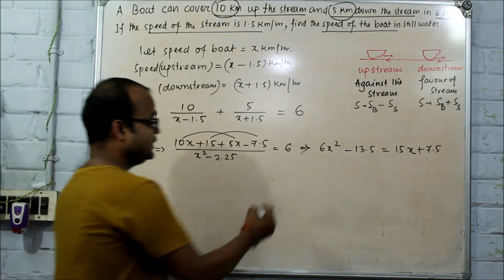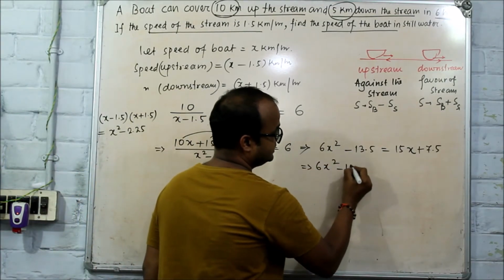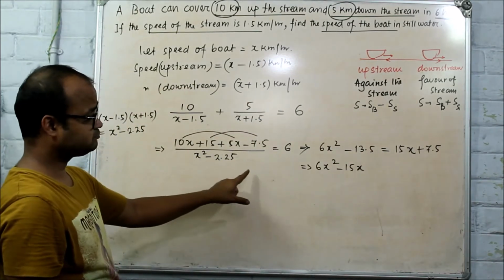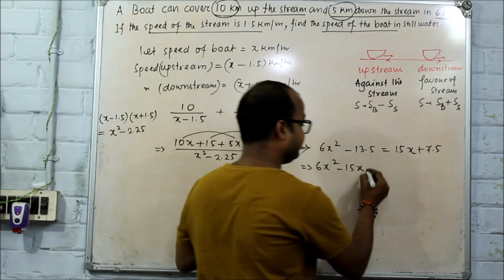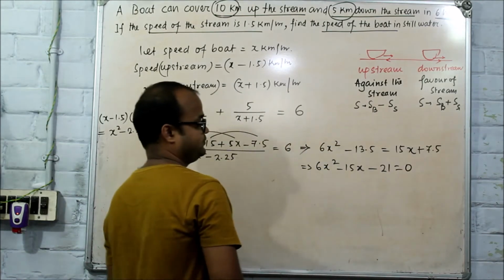Clear? So if you simplify, you will get 6x square minus 15x minus 13.5 minus 7.5, which is minus 21, is equal to 0.